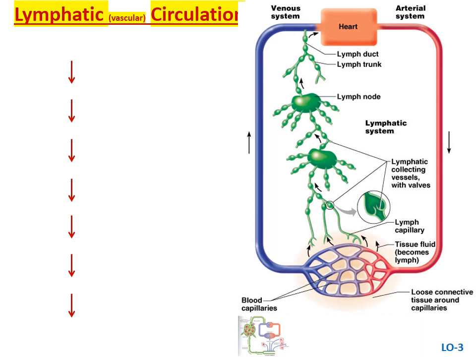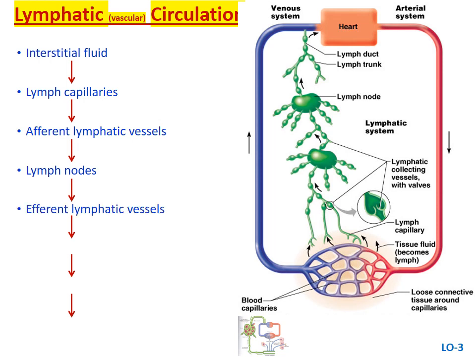Now come to the point here. This is the interstitial fluid, and then the lymphatics, and the lymphatics then go to the afferent lymphatic vessels, then to the lymph nodes, then to the efferent lymphatic vessels, and several efferents join to form the trunk first, and then several trunks join together to form the duct, and the ducts ultimately drain into the venous system.